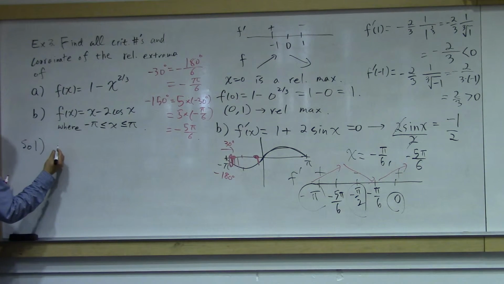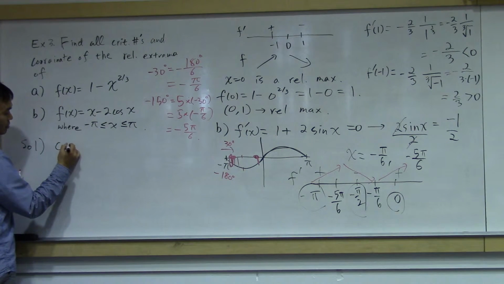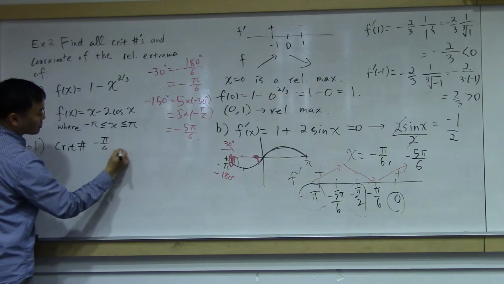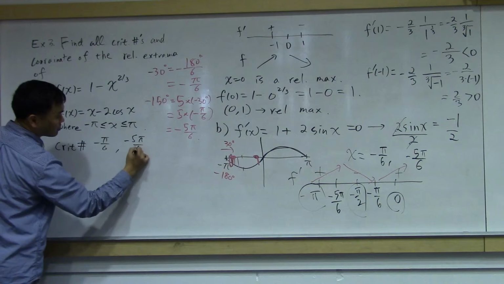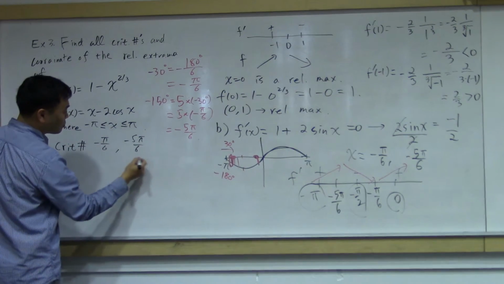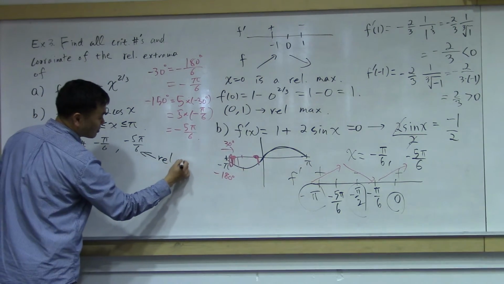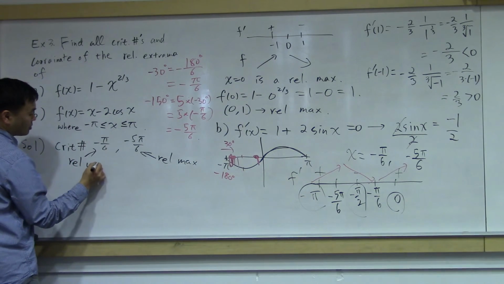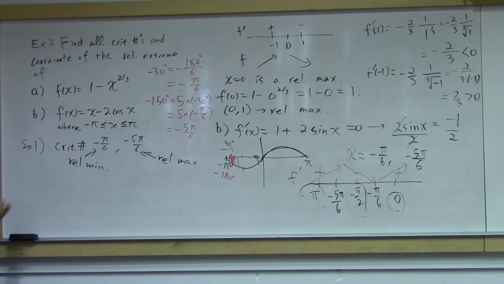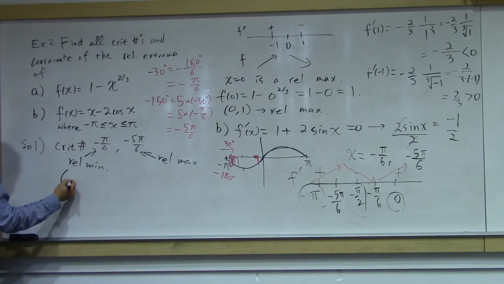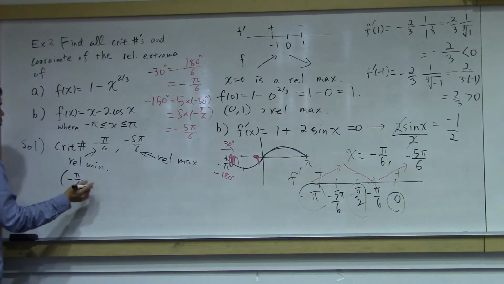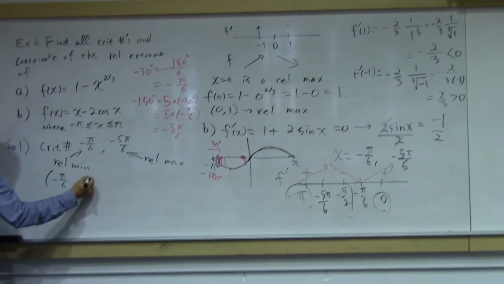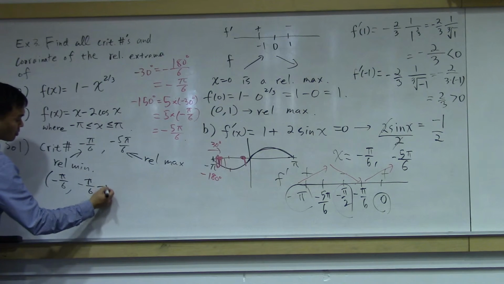So that's your f prime, which means the graph increases, decreases, increases, giving the conclusion that for part B, you have critical numbers negative pi over 6 and negative 5 pi over 6, and this one will give you a relative max, and this one will give you a relative min. And then to settle this, the relative min will be negative pi over 6, comma, when you plug it in here, it will be negative pi over 6 minus radical 3.